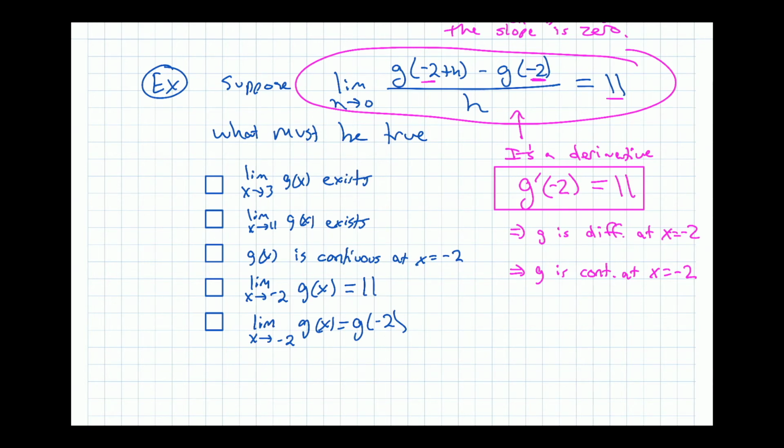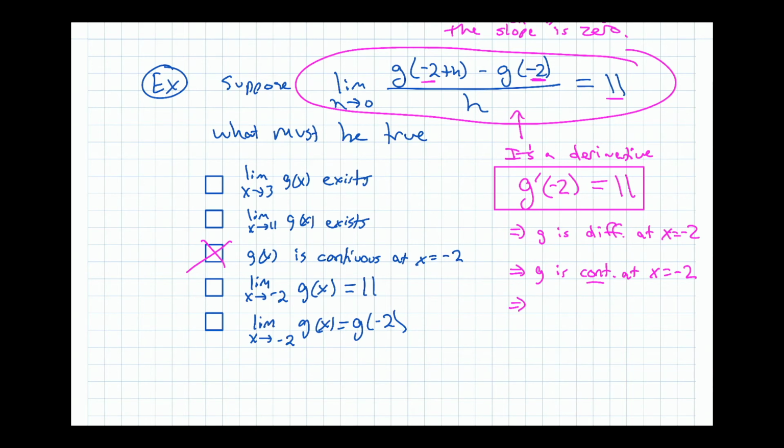Okay, so where is that? Is that on here? Yeah, actually it's right here, right? That one's true. G is continuous at x equals -2. All right, now what else is true? If it is continuous, that means that the function value equals its limit.